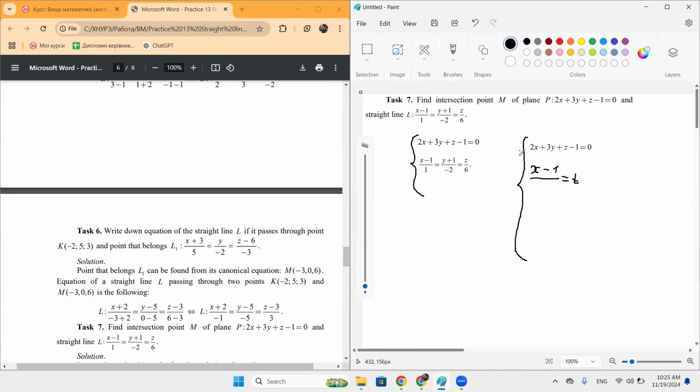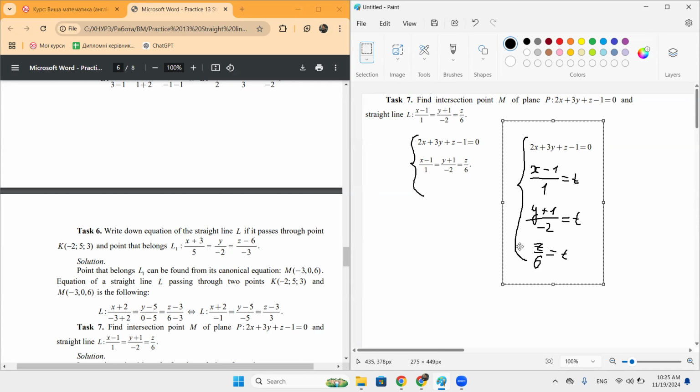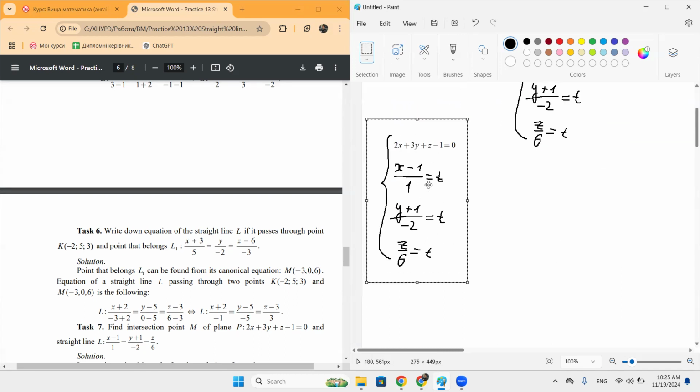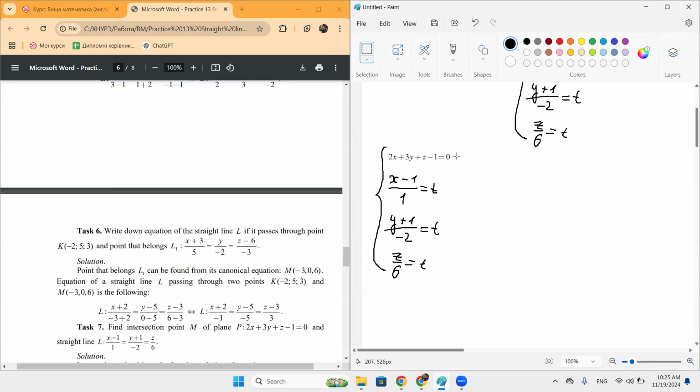So y plus 1 by minus 2 equals t, and z by 6 equals t. So we will solve these 3 equations with respect to x, y, and z. And then we'll substitute to the equation of the plane.